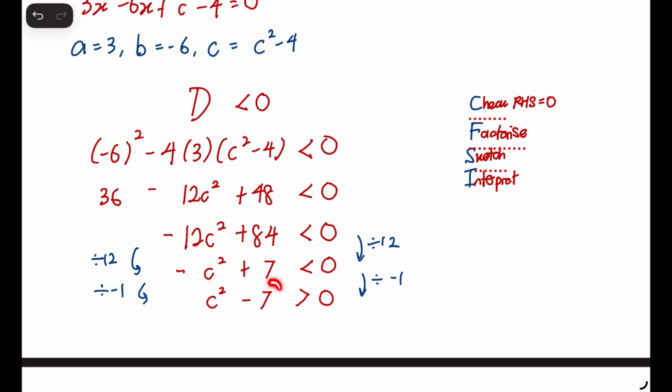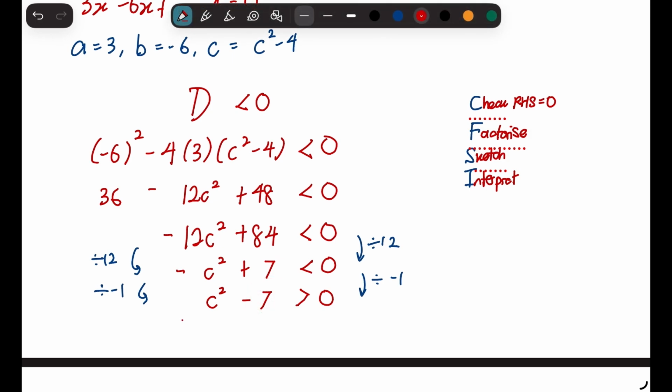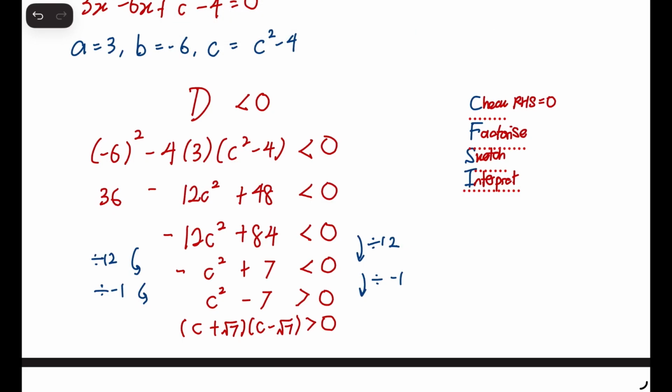But this 7 can be seen as root 7 the whole thing squared. So by factorization, we can turn this into (c plus root 7) times (c minus root 7) more than 0. Okay, then from here, how to solve this quadratic inequality? Remember, we cannot assume from here that therefore c plus root 7 is more than 0 or c minus root 7 more than 0.